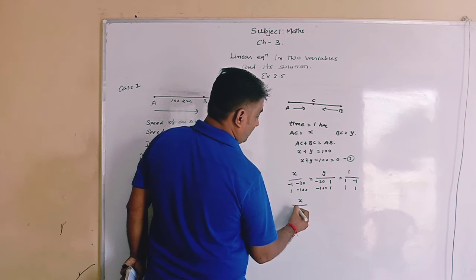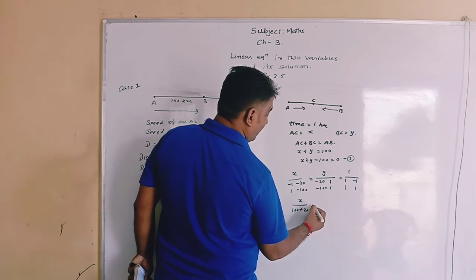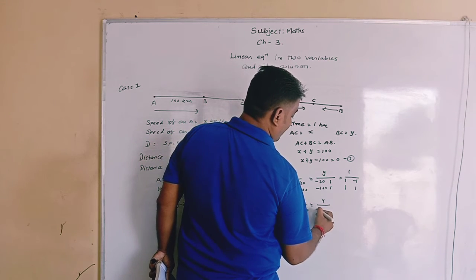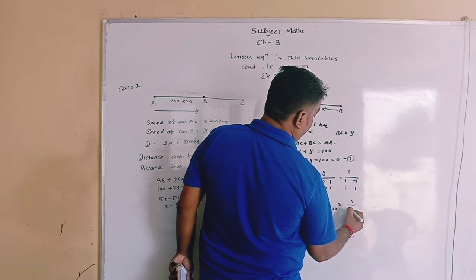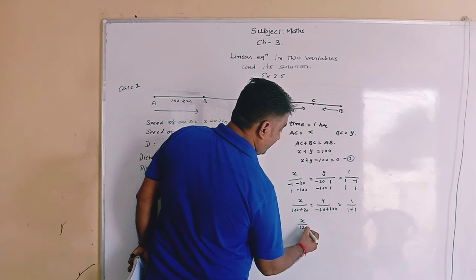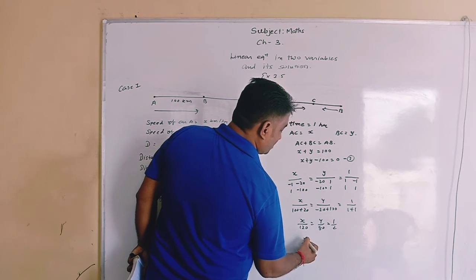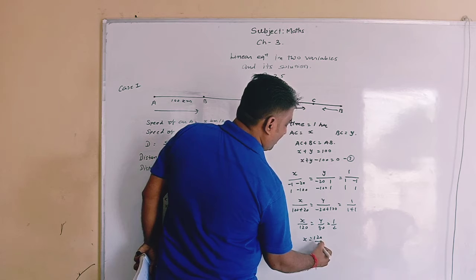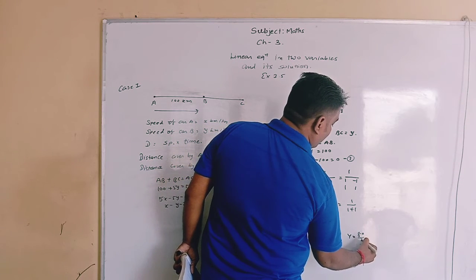So x upon 100 plus 20, y upon minus 20 plus 100, and 1 upon 1 plus 1. So x upon 120, y upon 80 and 1 upon 2. So x is equal to 120 by 2, that is 60, and y is equal to 80 by 2, that is 40.